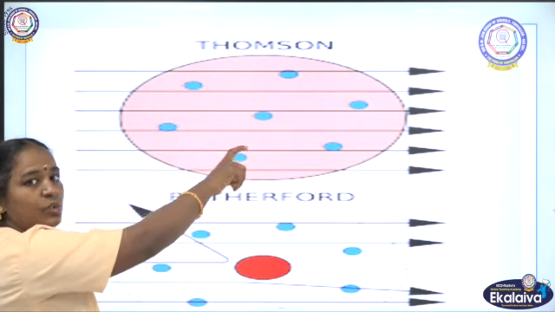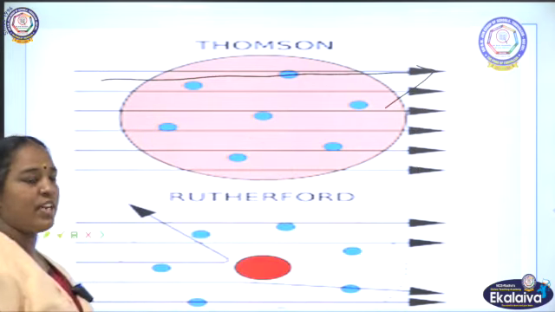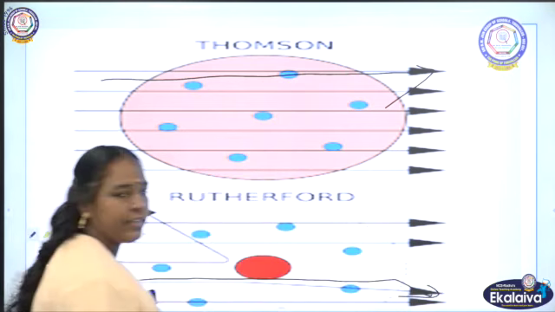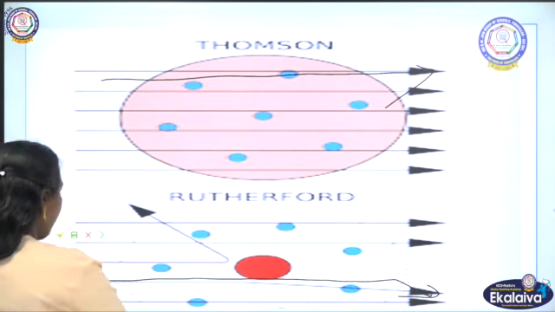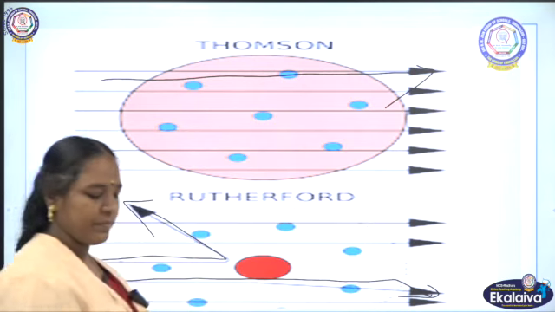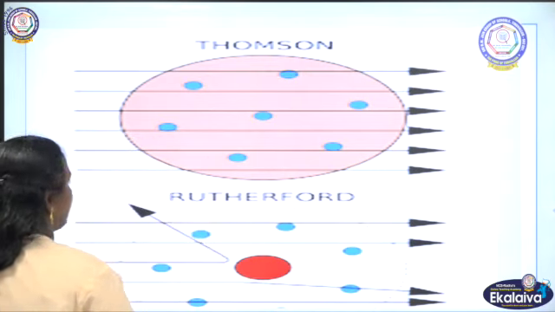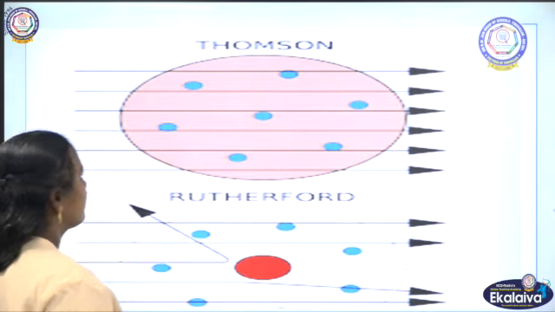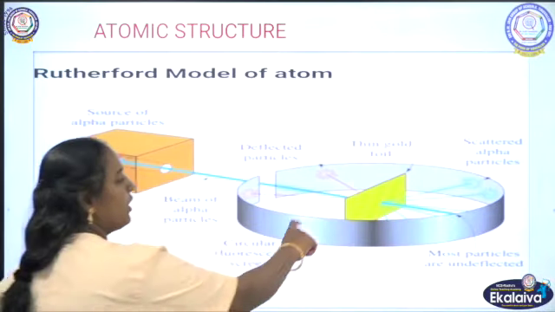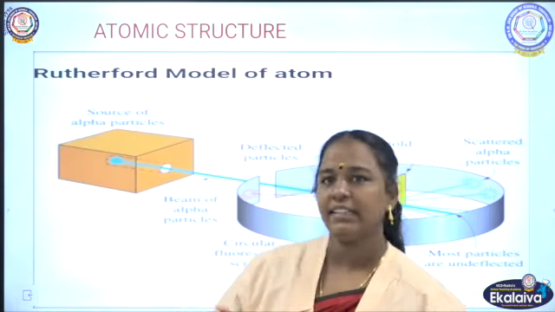He used golden foil because it is malleable and very thin.